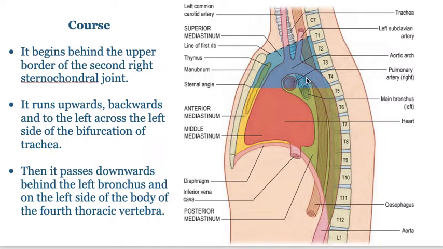It then passes downwards behind the left bronchus and on the left side of the body of the fourth thoracic vertebra, in front of T4.